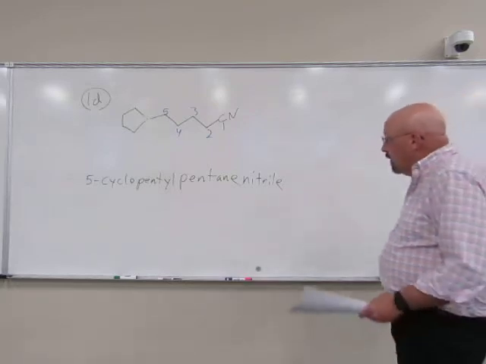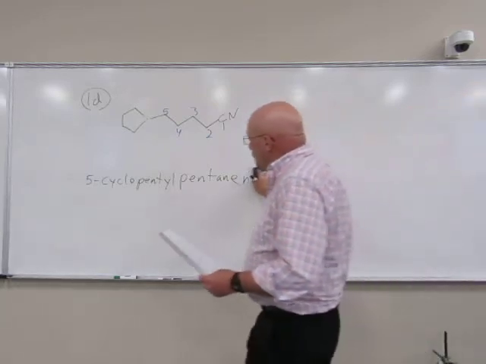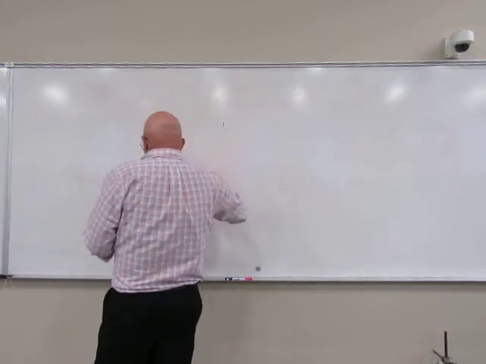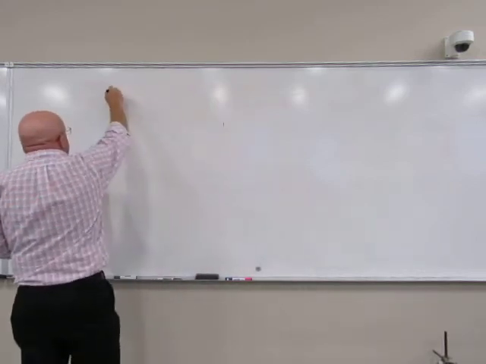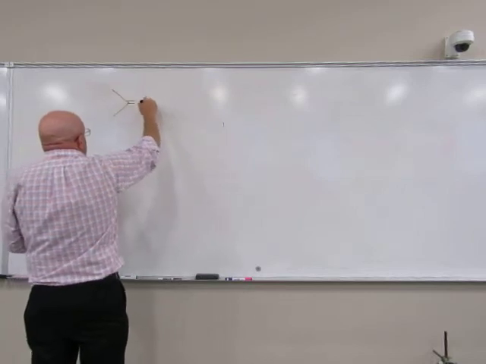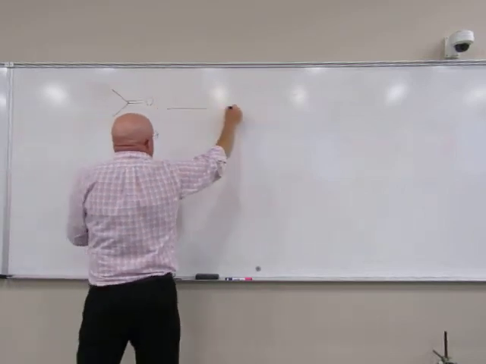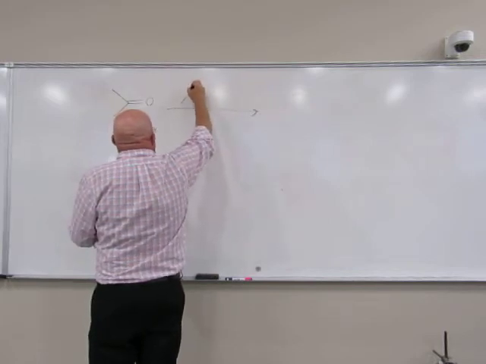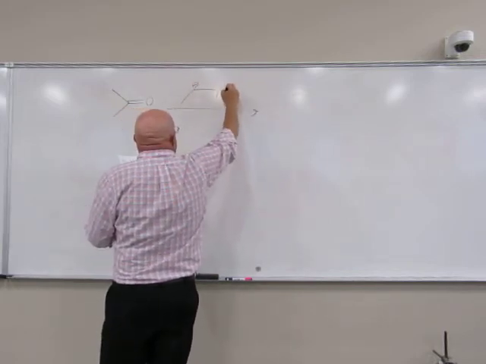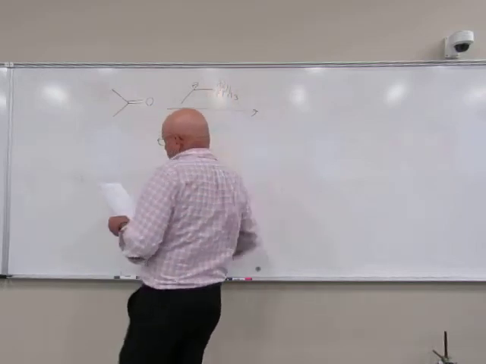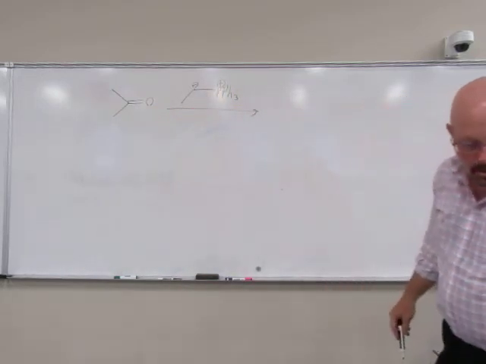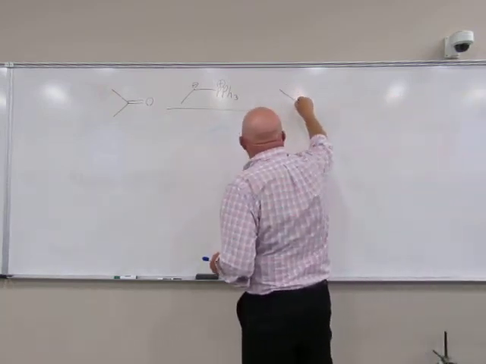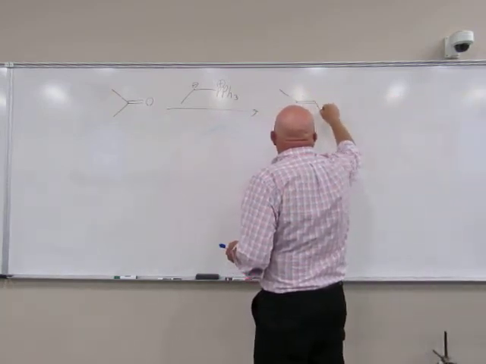Okay, the next one on the old exam is a mechanism question. And it is dealing with a Wittig reaction. Let's go through and draw the full mechanism on how we get from those starting materials to this product.